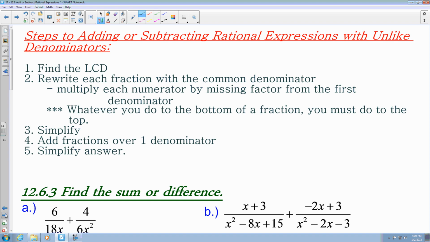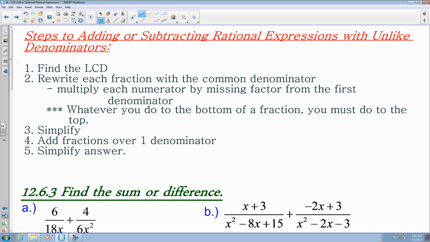All right, so now that I've shown you how to find the least common denominator, and I'm showing you some examples of how to add and subtract radical expressions, here are the steps you need to do in order to find radical expressions with unlike terms. So first off, you have to find the least common denominator.